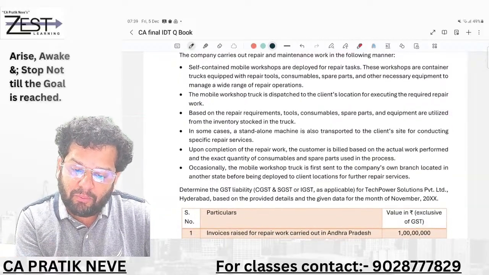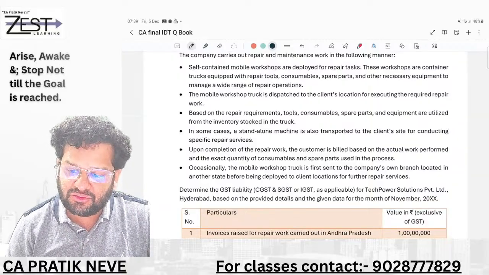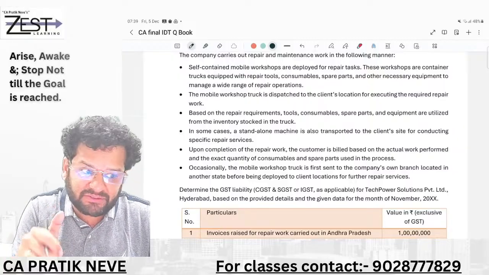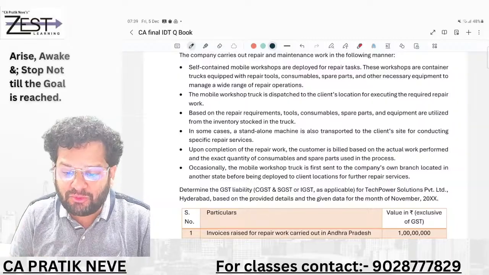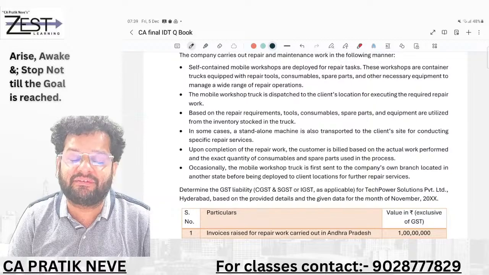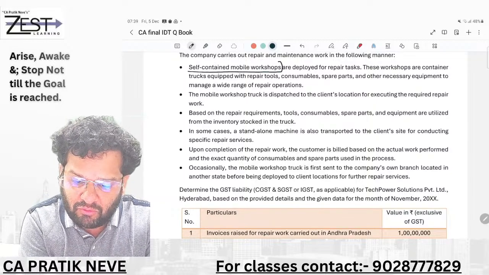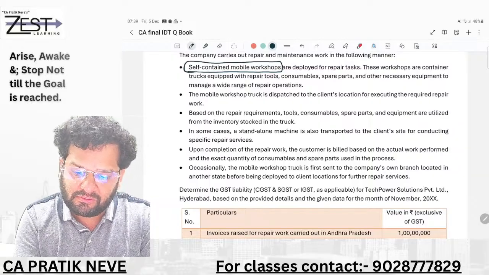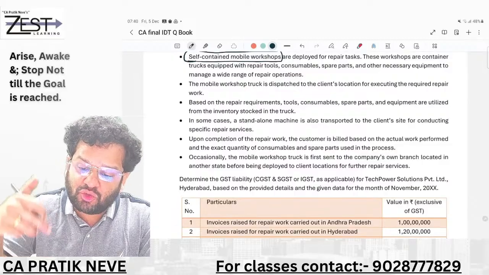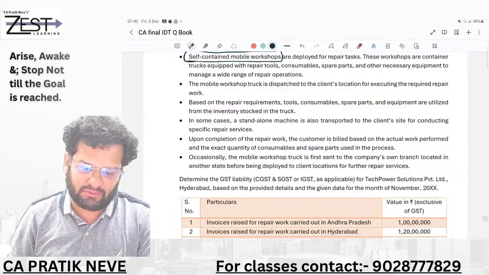Self-contained mobile workshops are deployed for repair tasks. These workshops are container trucks equipped with repair tools, consumables, spare parts, and other necessary equipment to manage a wide range of repair operations. The mobile workshop truck is dispatched to the client's location for executing the required repair work.